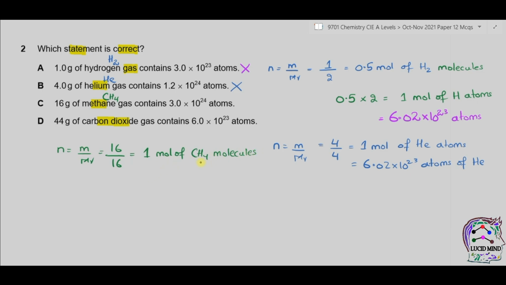As we know that in one molecule of methane we have 5 atoms, 1 carbon and 4 hydrogen. So to convert this into atoms, we have 1 into 5 atoms in CH4. So we have 5 moles of atoms in CH4.